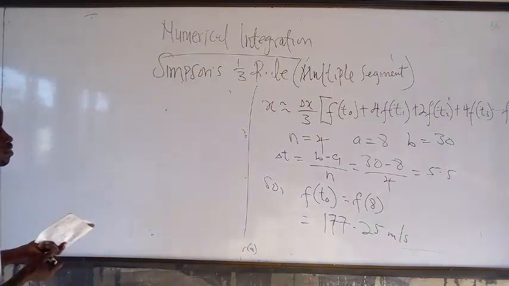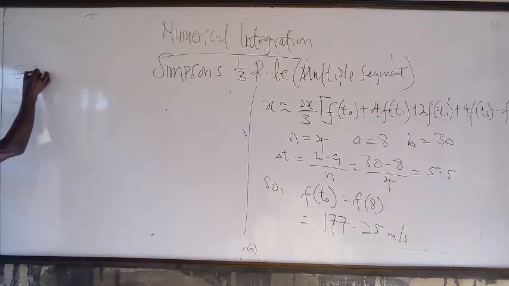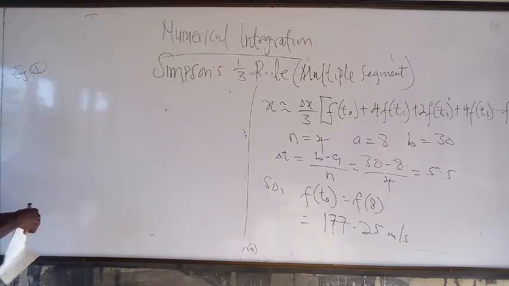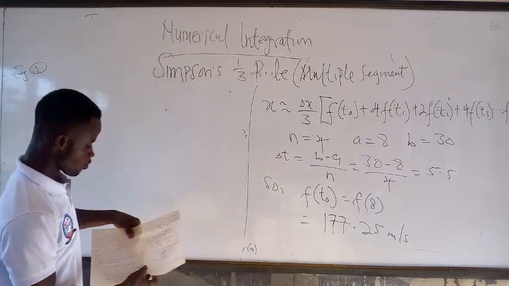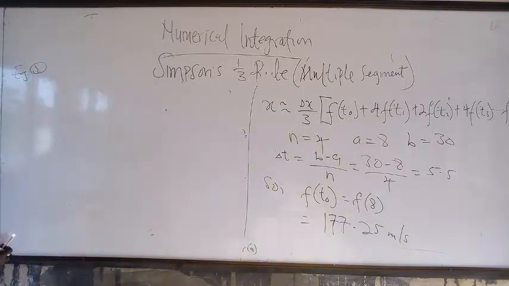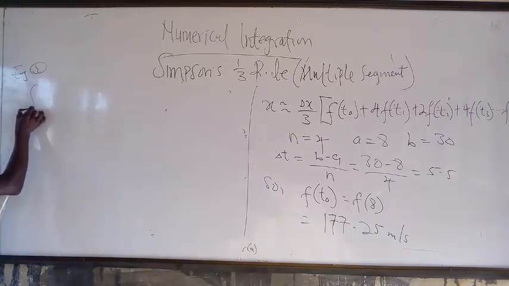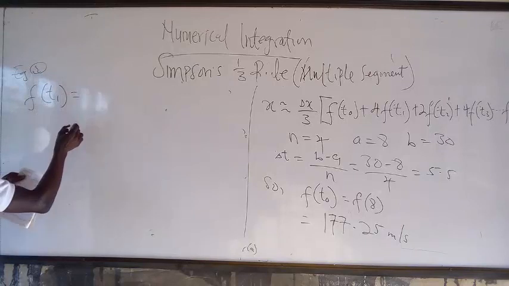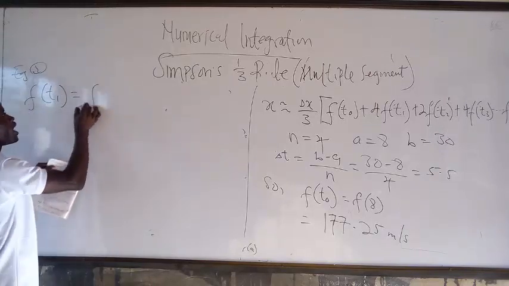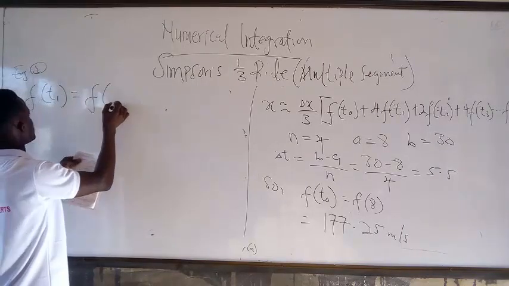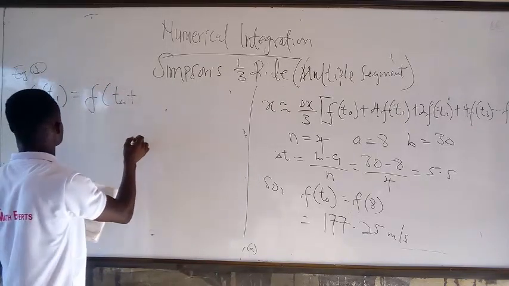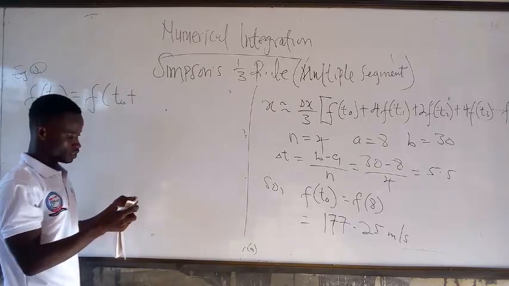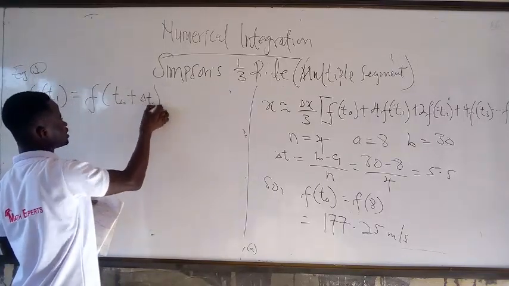Okay, so that is that for that. Now we are moving to where we will add the change in the time. And now coming to f of t1, that will be equal to f of t naught plus the delta t.